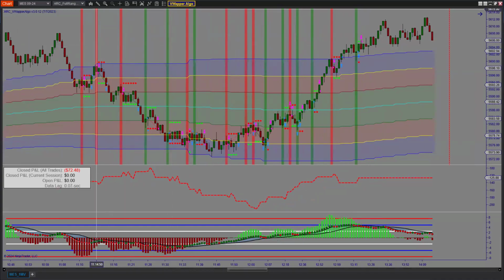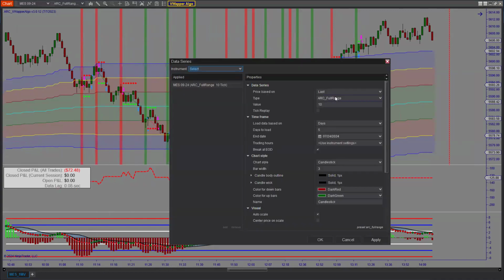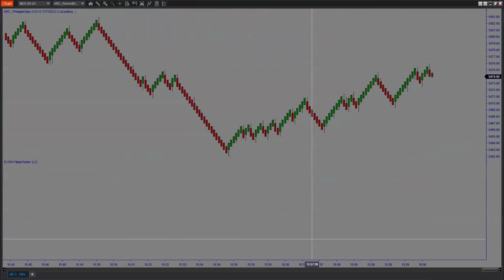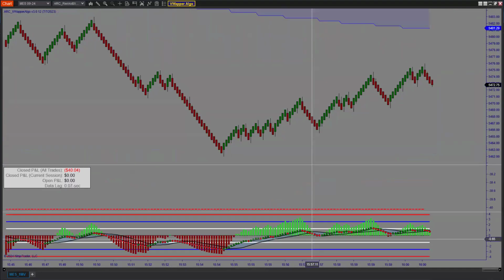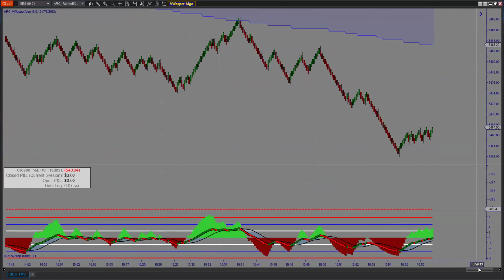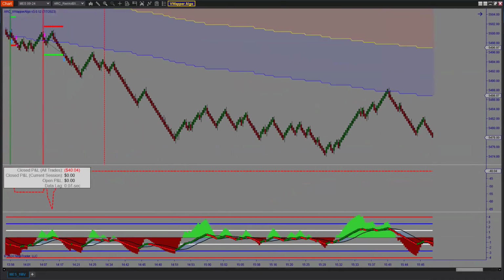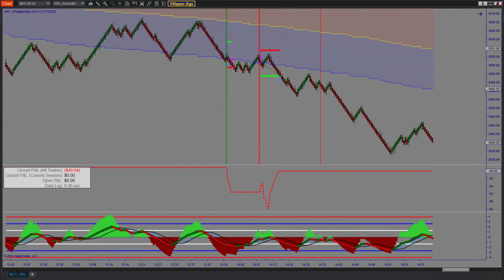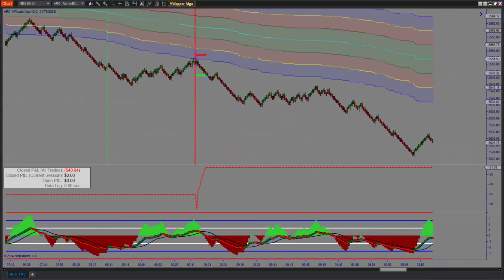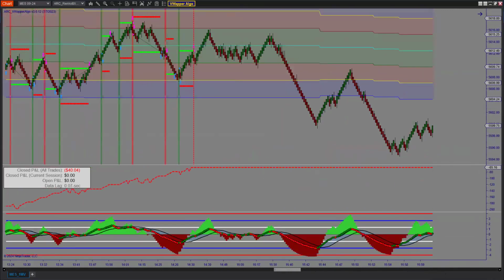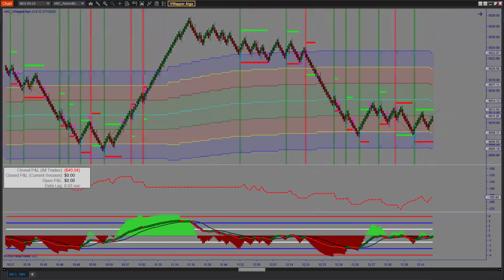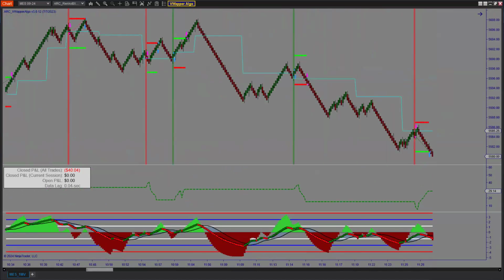All right, let's look at it on a Renko. Renkos are easier to see. A lot cleaner. Cleaner trades too, by a long shot. Wow, looks good. Yeah, we're gonna run with it on Renko.